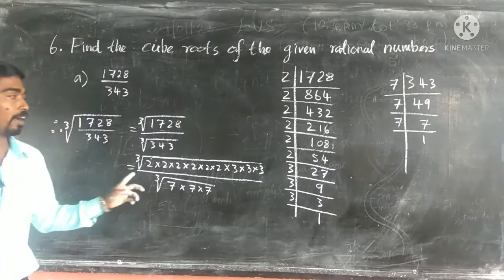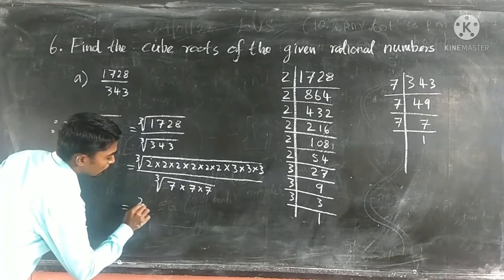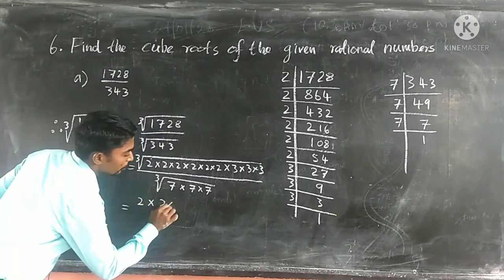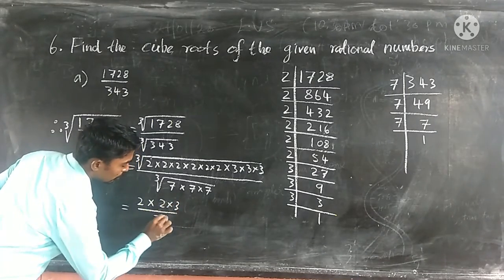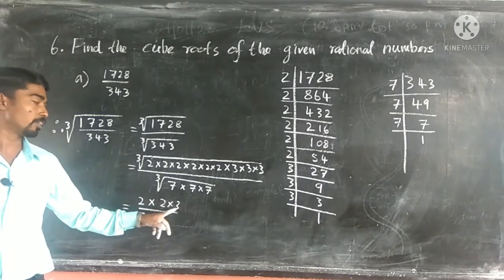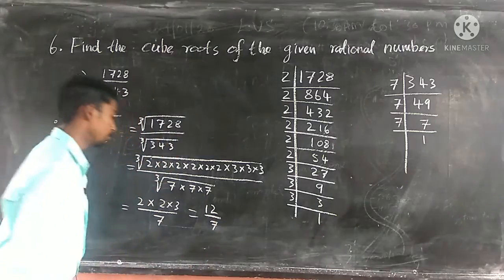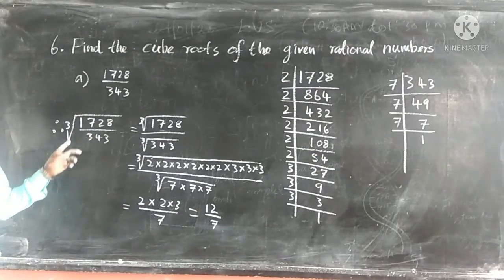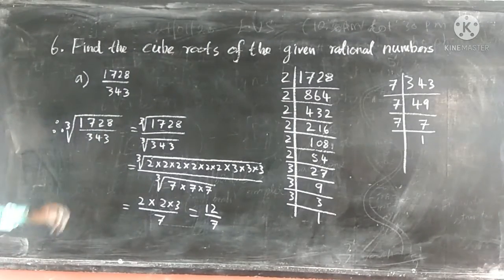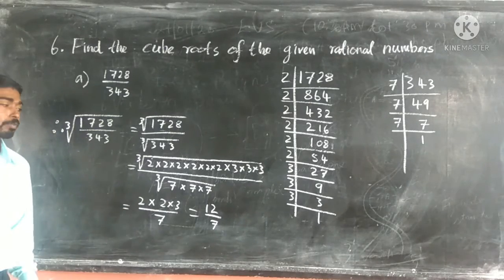So taking one factor from each triplet, we will get 2 into 2 into 3 divided by 7. That is 2 2s are 4, 4 3s are 12 by 7. Therefore, cube root of 1728 divided by 343 is 12 by 7.